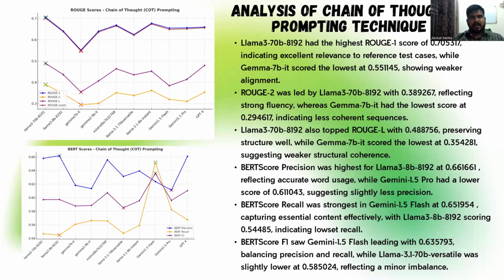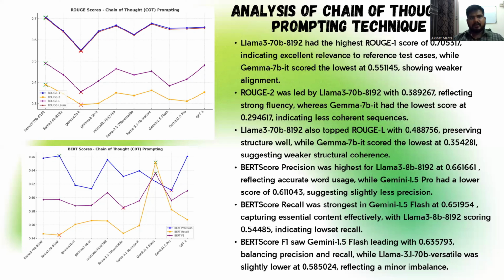In this slide, I will explore the key insights from the chain of thought prompting, focusing on the performance of different models. Let's start with the ROUGE score. Llama 3 70 billion 8192 excelled again with the ROUGE-1 score of 0.705317, showing strong relevance and alignment, same as earlier techniques, zero shot and few shot.